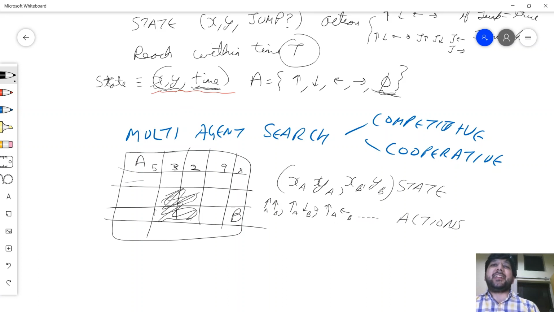Now there's a general way of writing it up, and that's exactly what cooperative agents are. We say the state of a cooperative system is the state of the first system joined to the state of the second system, joined to the state of the third system, and so on.